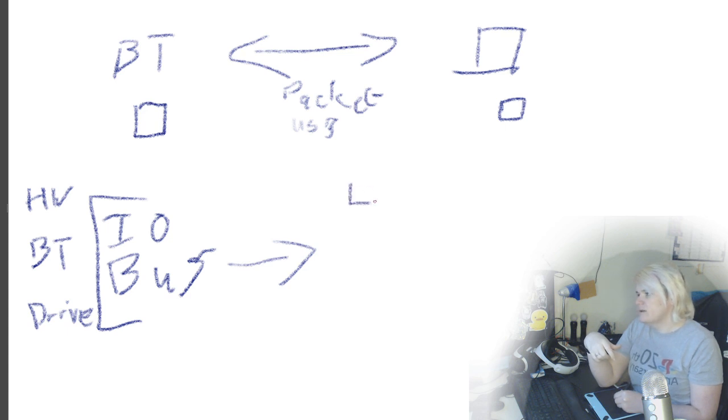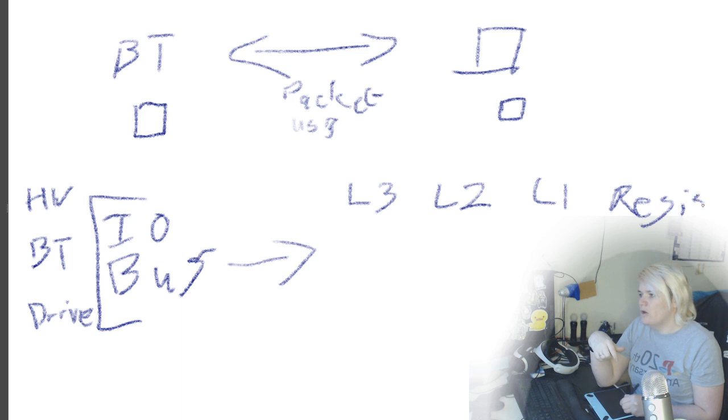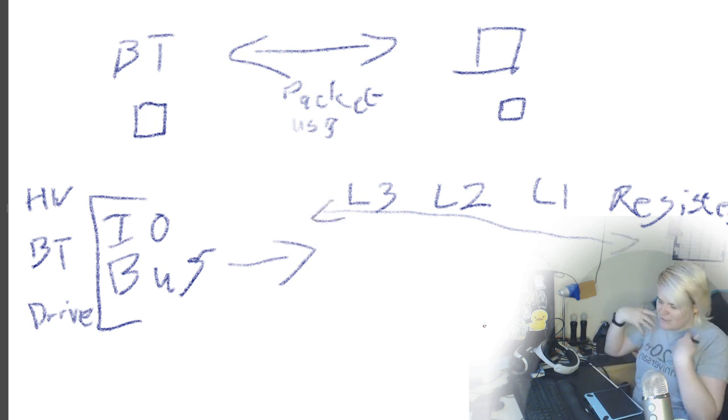You've got your L3 cache, L2 cache, L1 cache, then you've got your registers, right? So that's all of the layers that everything is going to traverse from the hardware layer. Okay, I'm just laying it all out here.